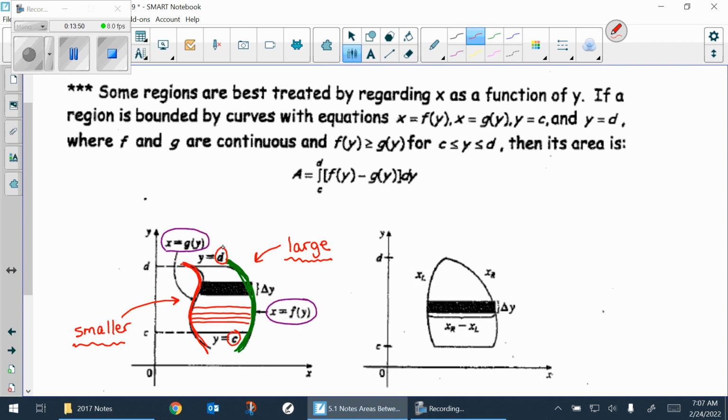But when you've got to slice horizontally to get from large to small, everything is going to be in terms of the variable y. So our area could be expressed as an integral in terms of the variable y when we have to slice horizontally to get from large to small.